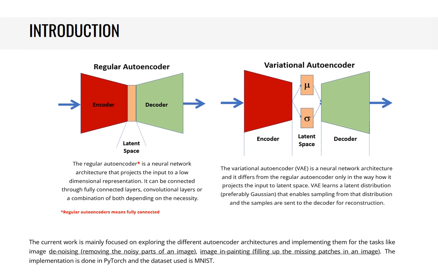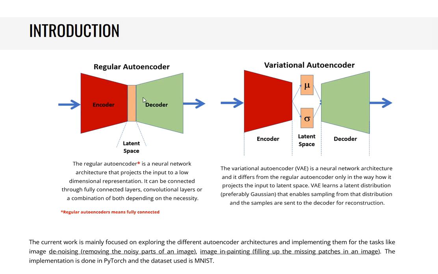To start with, a regular autoencoder, the one on your left, is an autoencoder that may be fully connected or may be connected via convolutional layers. We have two basic constituents of this architecture, the encoder and the decoder. You feed in an input signal, which can be an image or any other input data, and the autoencoder tries to project it into a low-dimensional latent space.